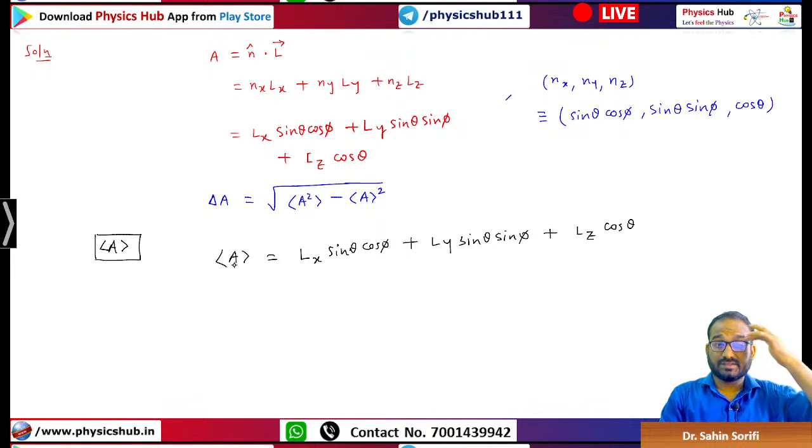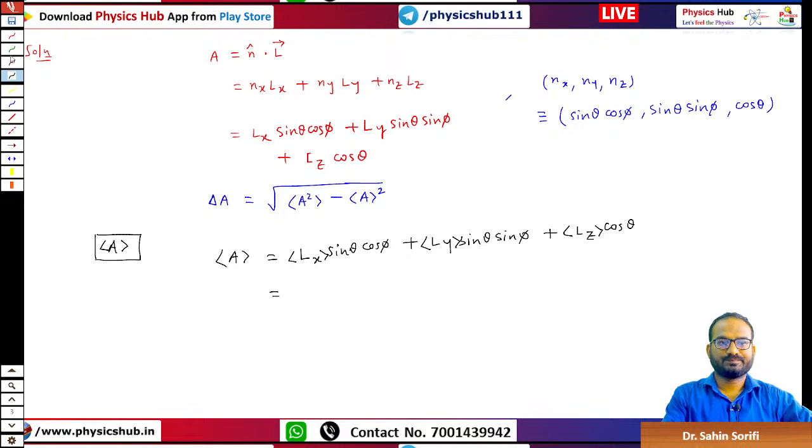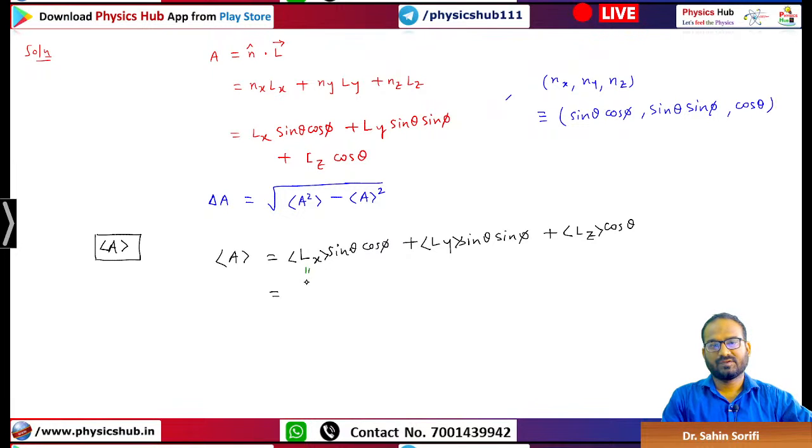Okay, so the expectation value of A. You know the expectation value of Lx is 0, so this term is 0.